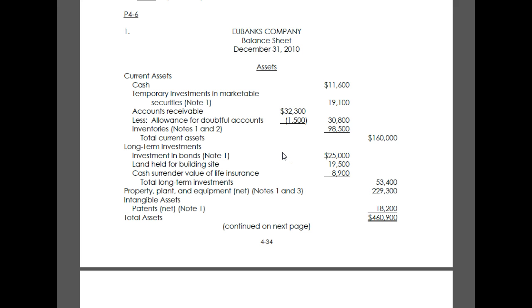So how do you know what to include in these notes? Well, if you were an investor and all you had sitting in front of you was the numbers, what more would you like to know? That's basically what we put in the notes. We're going to try to give them a clear picture of the company so that if they do want to invest, they're going to feel very good about that investment.